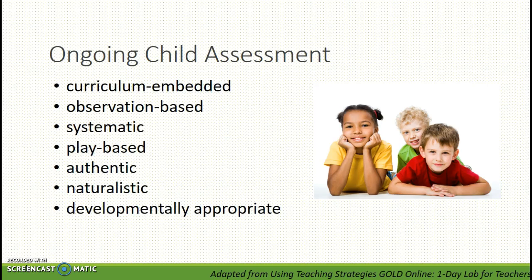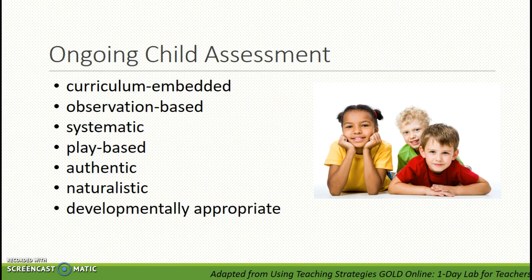Okay, so as we've been learning throughout the quarter, ongoing child assessment is really important. And we know that some characteristics of ongoing child assessment are that it should be embedded in your curriculum and based in observation. So you want to make sure that you're doing this consistently. You want to be systematic about it.